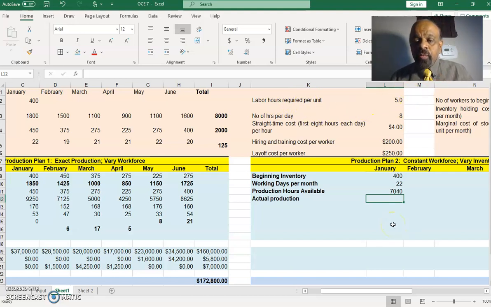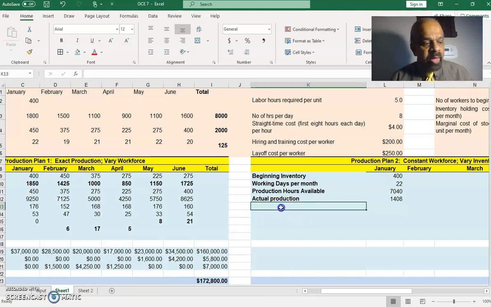So production hours available divided by 5 will give me the actual production. That is 7,040 divided by 5, and that is 1,408. So I can do 1,408 units for January.